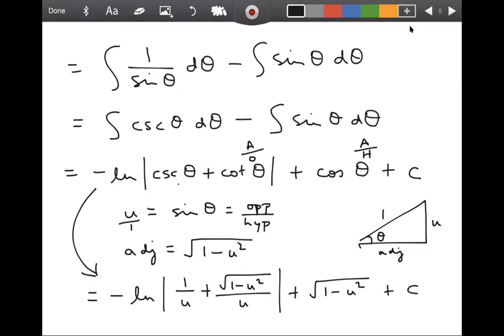All right, now I'm looking this over, trying to see if there's really any way to pretty this up. Well, you could combine these two fractions. You could also do away with the minus sign here by flipping the fraction over inside. In fact, I think I'm going to do that.